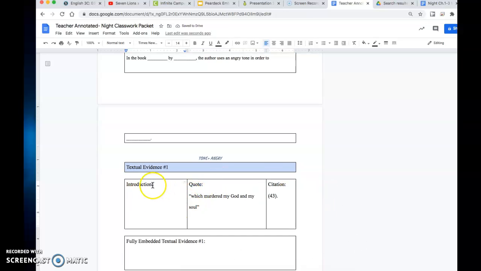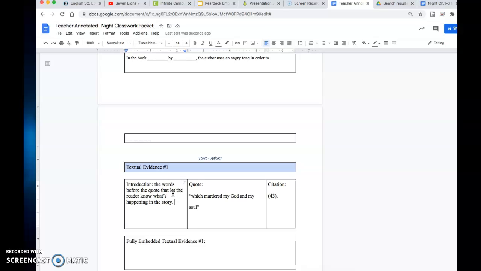So in order to write an introduction to the quote, an introduction is just the words before the quote that let the reader know what's happening in the story. So with your knowledge of the book, because you're up to date on reading and your understanding, you need to tell me what's happening in the book. So like I said, we've already gone through the ghettos.